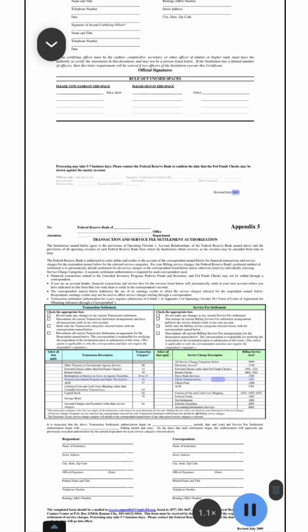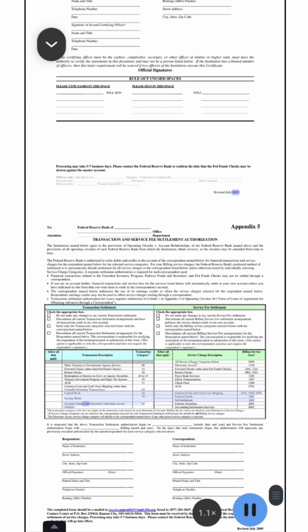Check Transportation 1507. ACH 57. Check Float 1508. Currency/coin and cash cross-shipping, other than custodial inventory transactions, 63. ACH 5701. Capital Stock 66. Currency/coin and cash cross-shipping 6301, 6302, 6303. Savings Bonds 70. Fedwire Funds 1001. Net Settlement 1002.